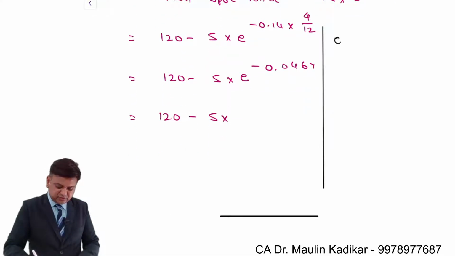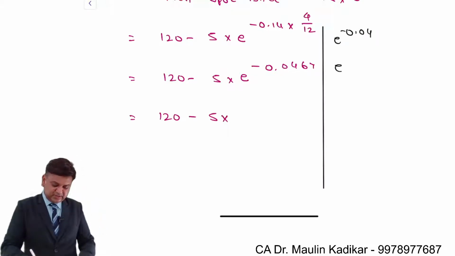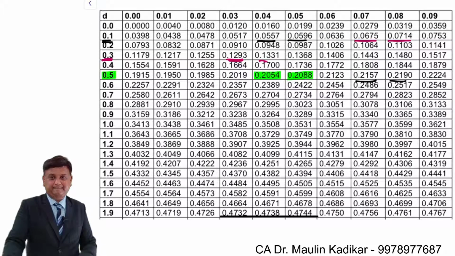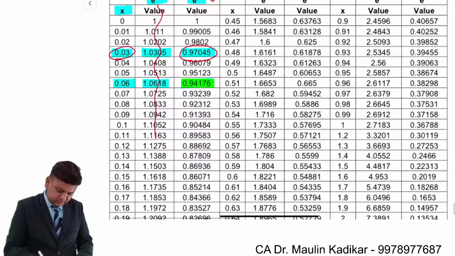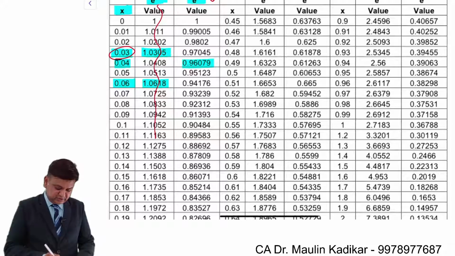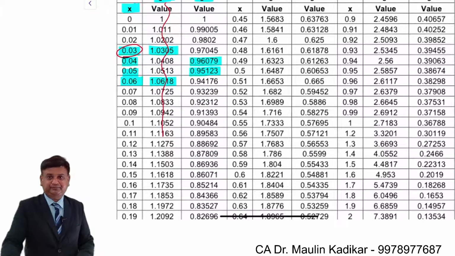It is e raised to negative 0.04, then e raised to negative 0.05, and then we will do interpolation. So this is the factor for 0.04, and this is the factor for 0.05. We are required to do interpolation of both of them.